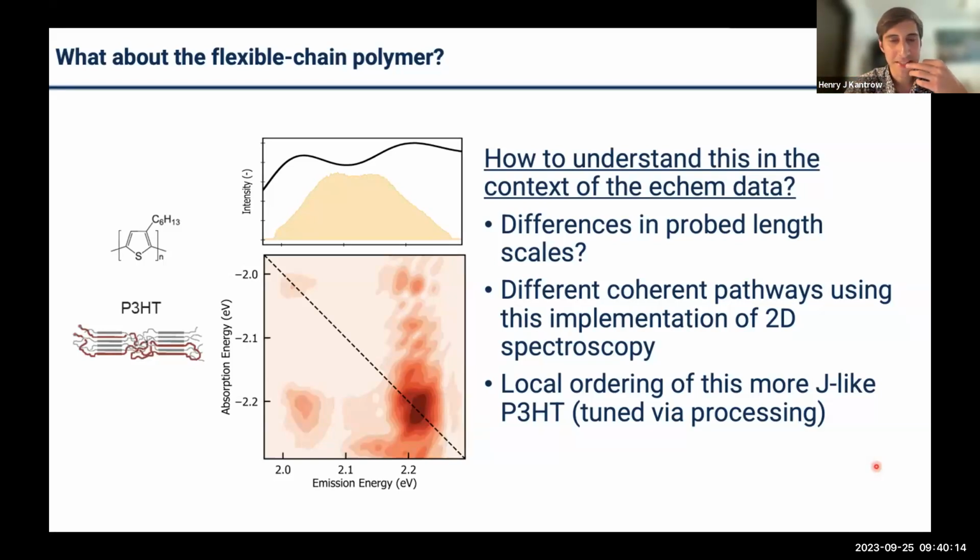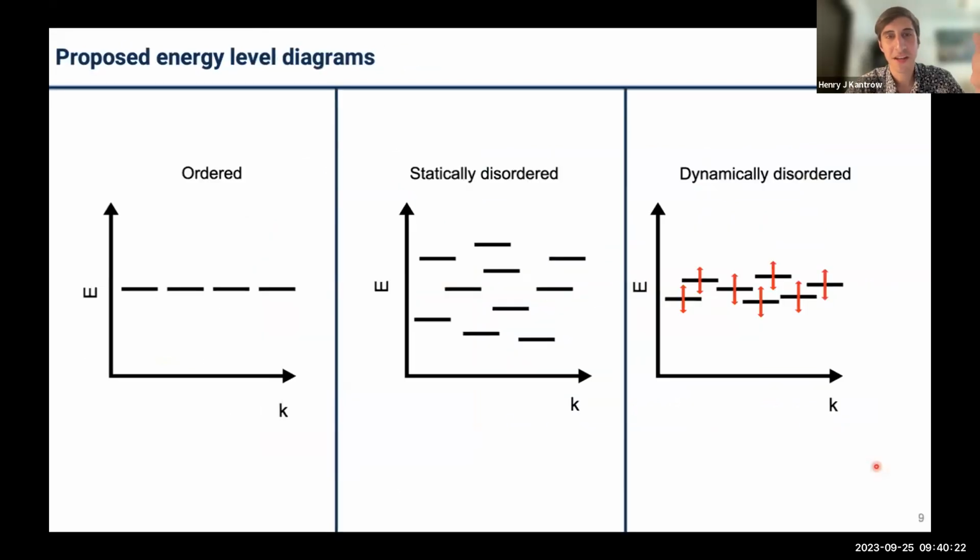So this leads us to the different energy level distributions for these classes of polymers, which I presented last week, you may have seen. But I think now we need to reassess as well. In an inorganic semiconductor, you would have a very well defined energy level distribution, much like a band-like structure.